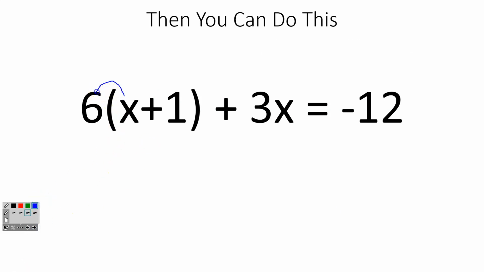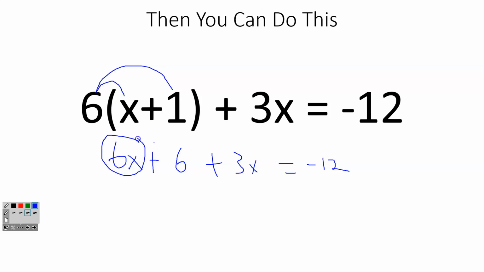So now we apply it to an equation. We still follow the same process, doing rainbows. 6 times x gives me 6x. 6 times 1 gives me 6. I'm going to bring down my plus 3x. And I'm going to bring down my negative 12 equals negative 12. I can combine my 6x and my plus 3x. That gives me 9x. Bring down my plus 6.